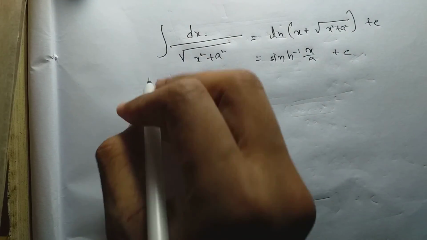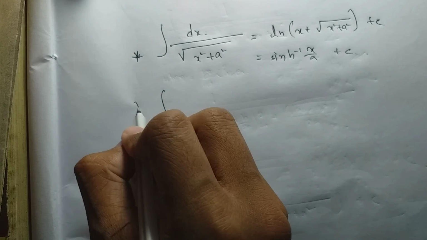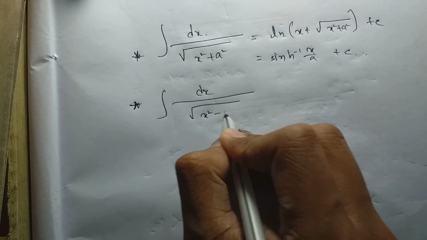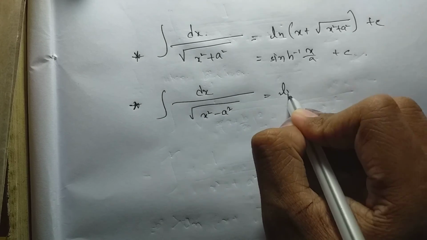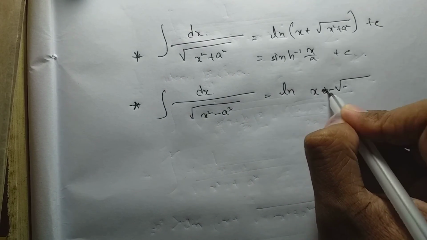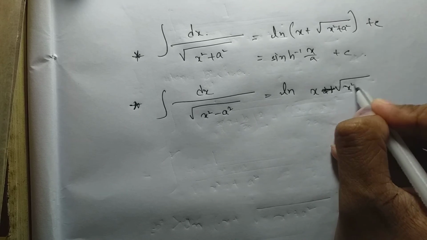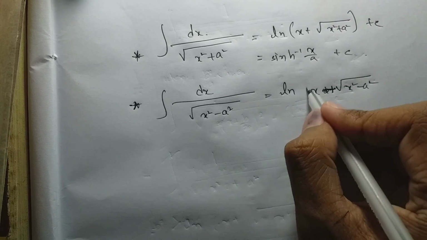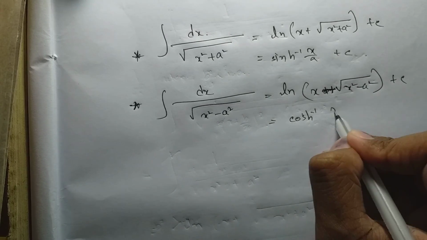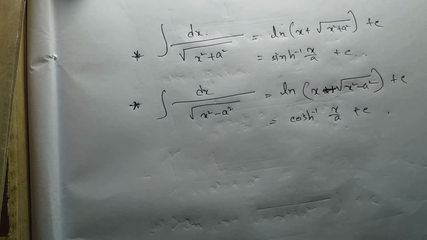And the integration of dx by root over x squared minus a squared is ln of x plus root over x squared minus a squared plus c, or cosh inverse x by a plus c.